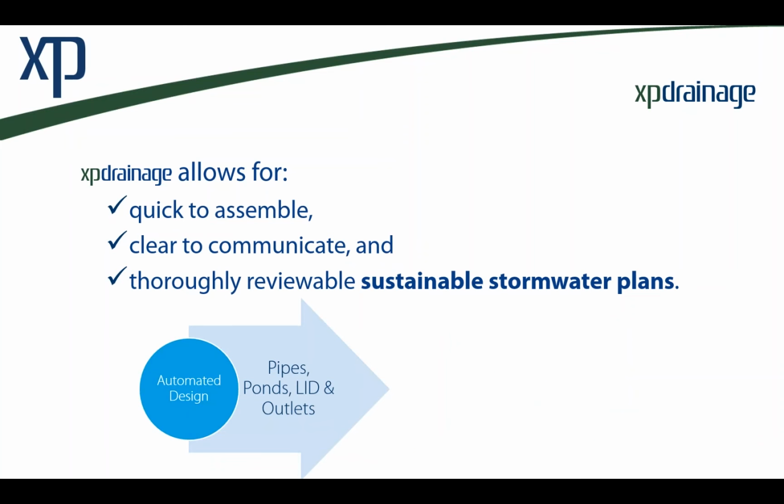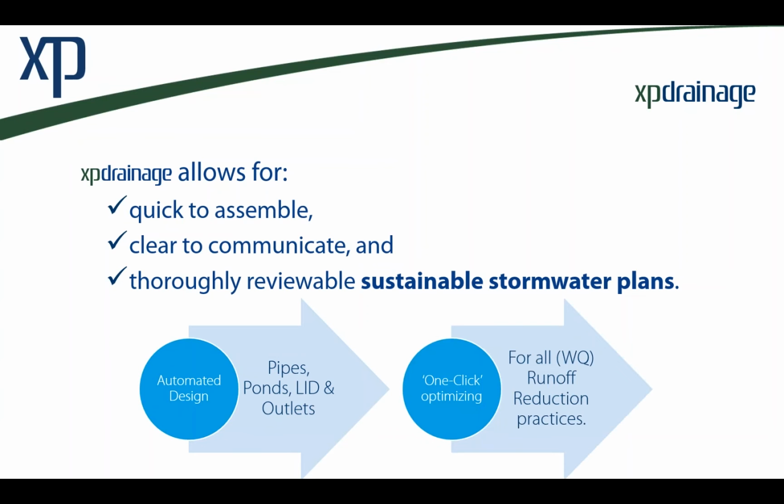So I've already touched on this a bit, but to whittle down in particular that middle bulk of work, though really across the board, automating our design process involves understanding what we're doing, communicating that, self-vetting. We're going to automate the design for pipes, ponds, LID green infrastructure, those are the water quality systems, and outlets. And that really is everything we're working with. So we're going to have automated design and analysis tools for that.